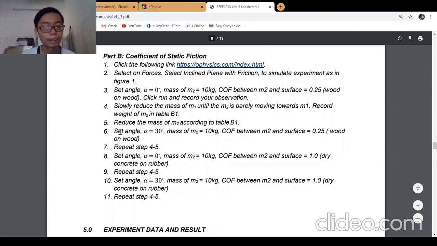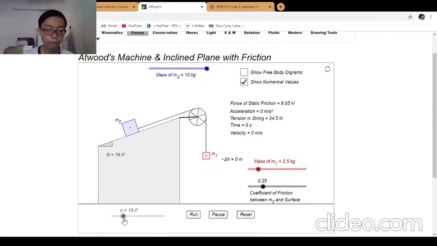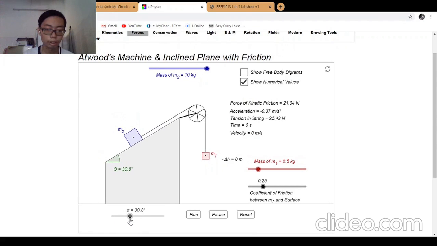We adjust the angle alpha equal to 30 degrees. Then the mass of M2 is the same, COF is also the same. So back to here, we adjust to 30 degrees. Okay.